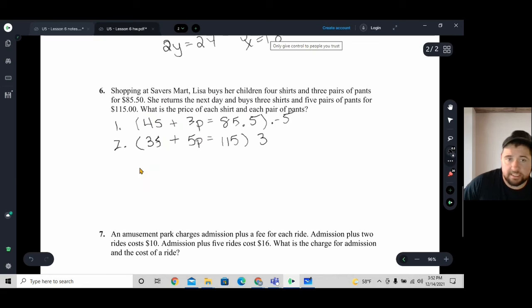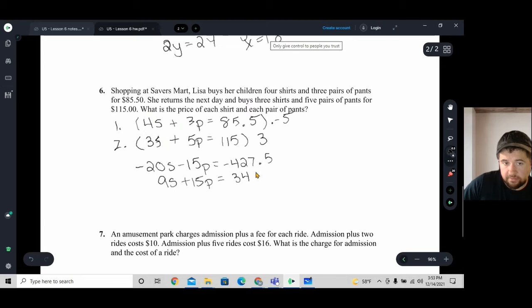So what I'm going to end up with is -20S minus 15P equals -427.5. And my bottom equation, I'm going to end up with 9S plus 15P equals 345. My P's will cancel.